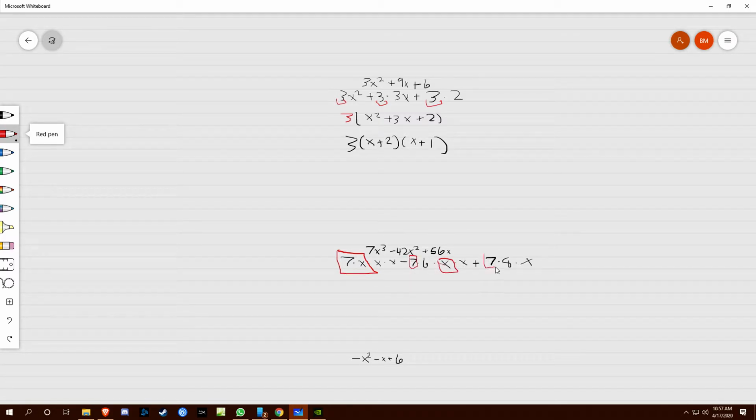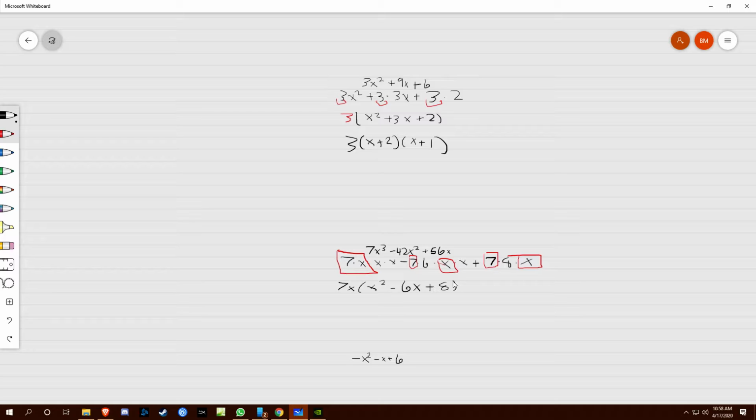So I am able to factor out variables just as much as I am numbers. So this is 7x out in front, and then we'd have x squared minus 6x plus 8.